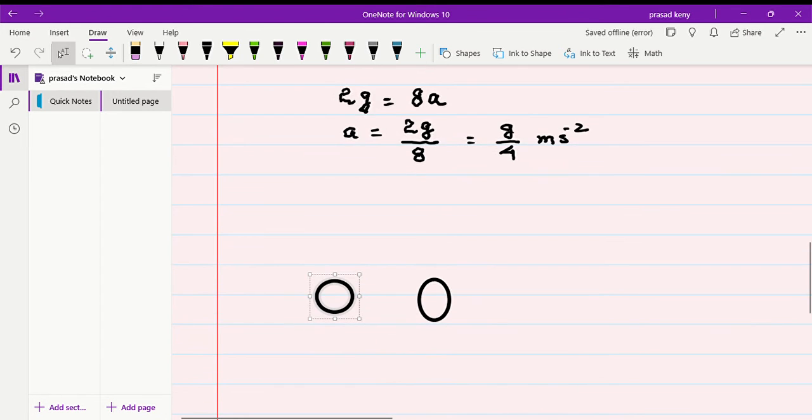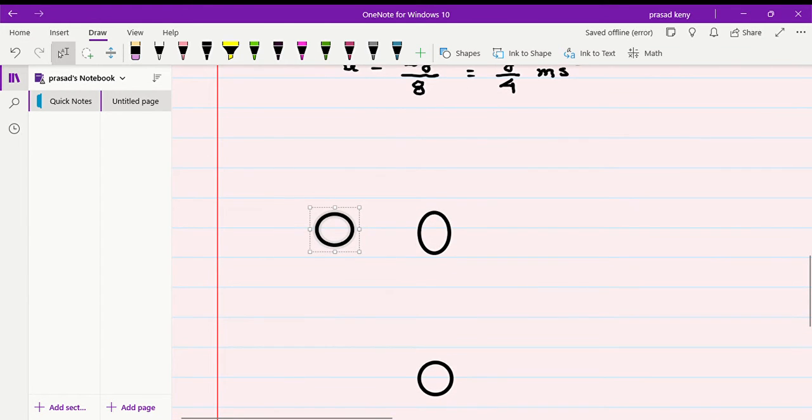so now keep it in mind that since the string is inextensible, both the particles have same acceleration and both the particles are released from rest, that is initial velocity is 0, and hence both the particles will have same displacement and same final velocity.